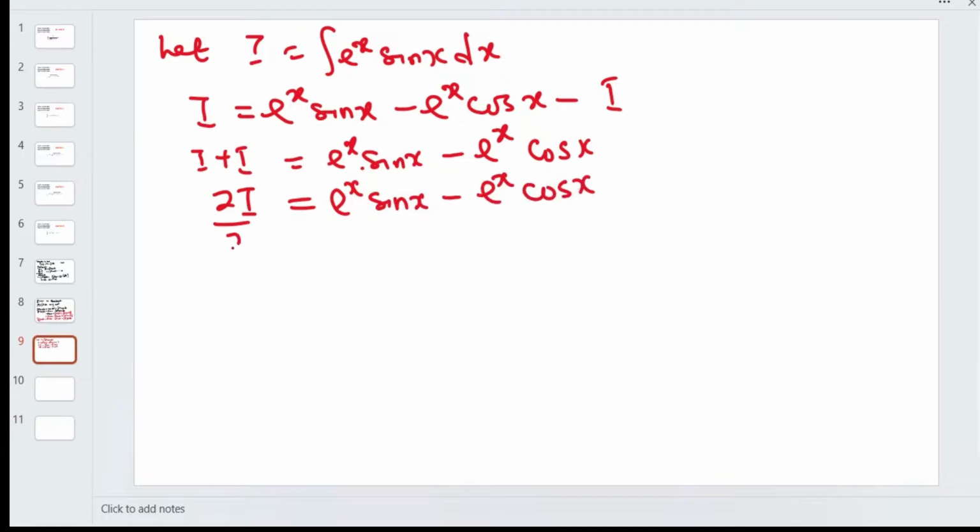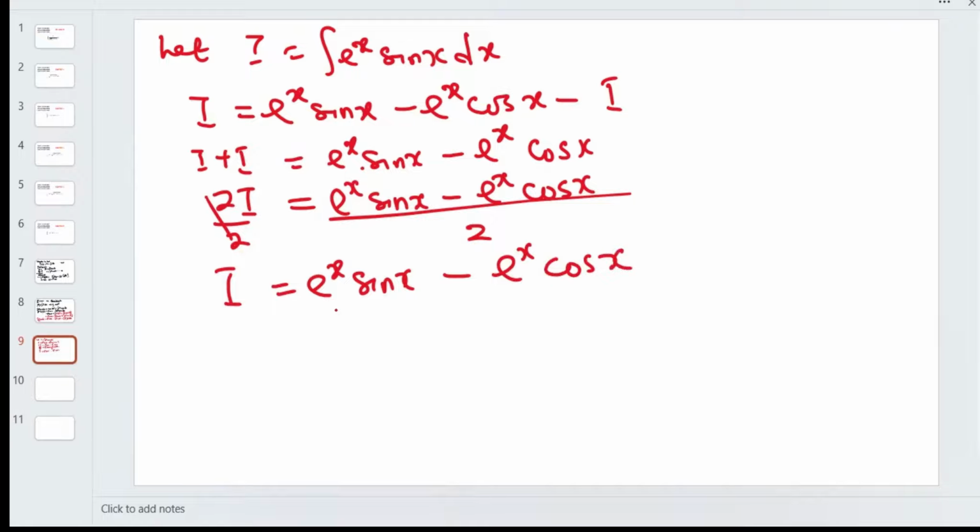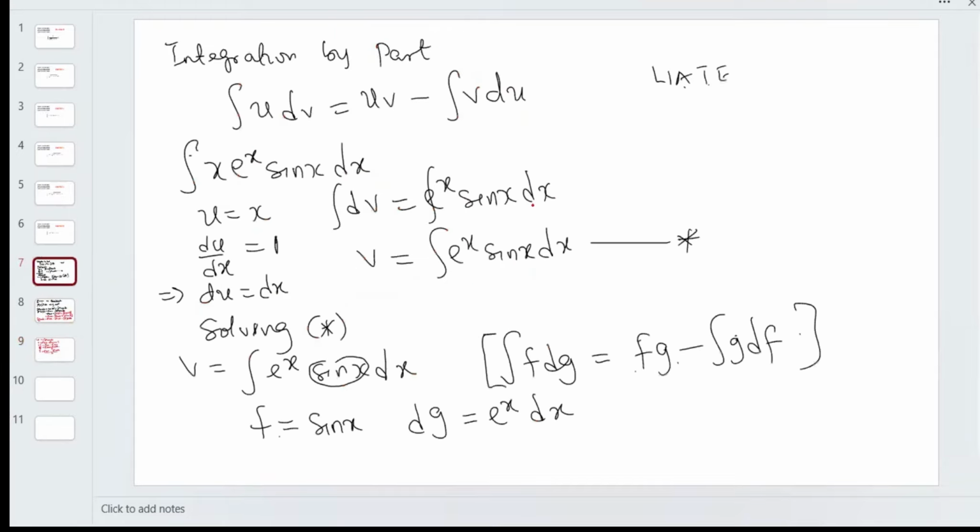Then if I divide both sides by 2, I'm just going to have that I is exponential x sine x minus exponential x cos x, over 2. Interestingly, if we look at this, that is this v that I'm looking for.